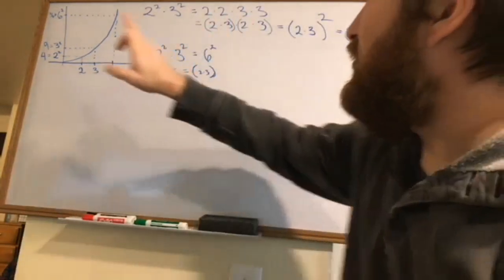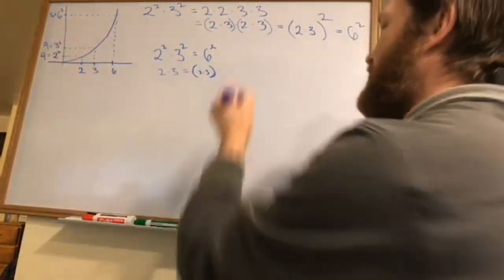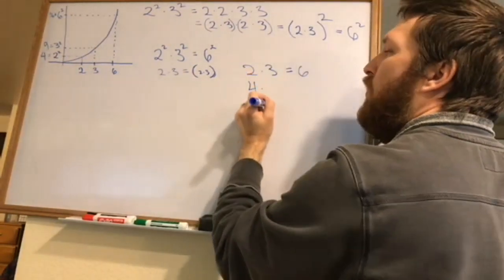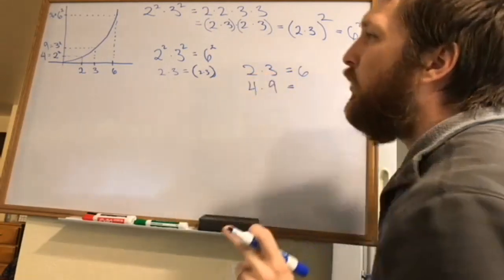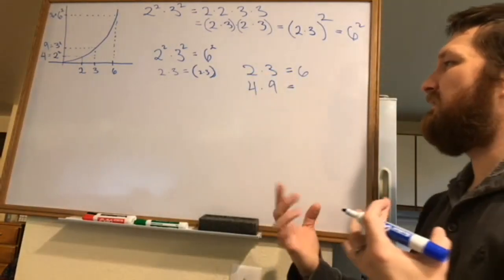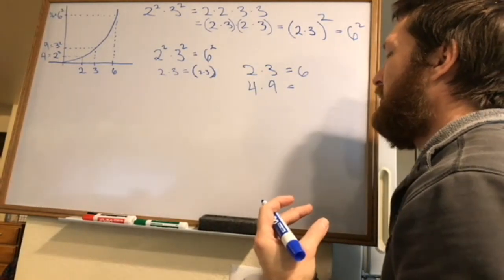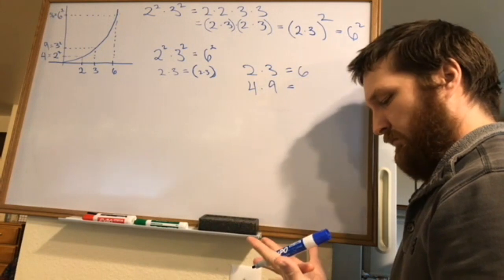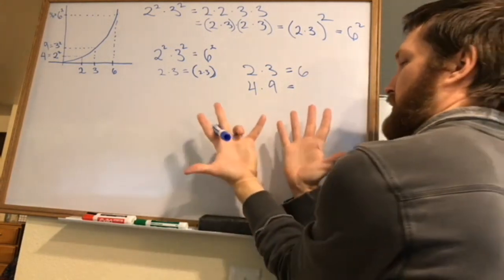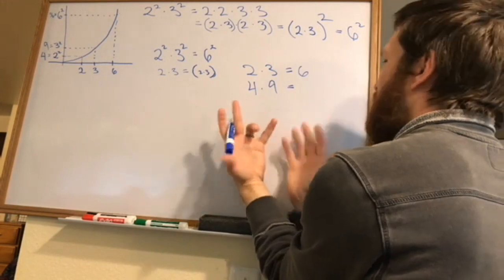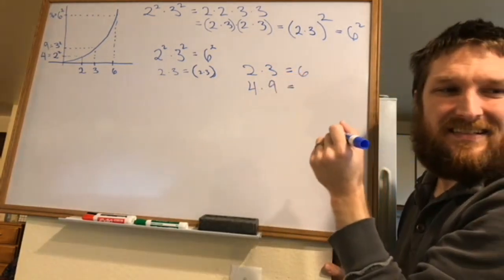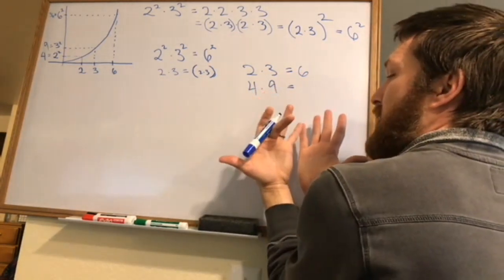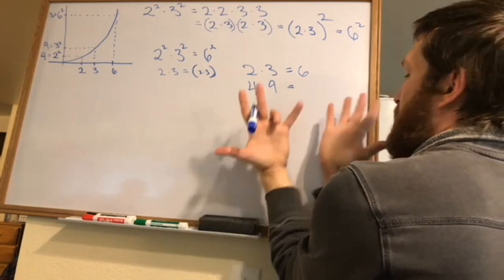We know that 2 times 3 is 6. That one's obvious. And is it the case that 4 times 9 equals, what is 4 times 9? 36. Oh, right. Huh? All right. I forgot about this. Yeah, it's a nifty little thing. 1, 2, 3, 4. That is 36.